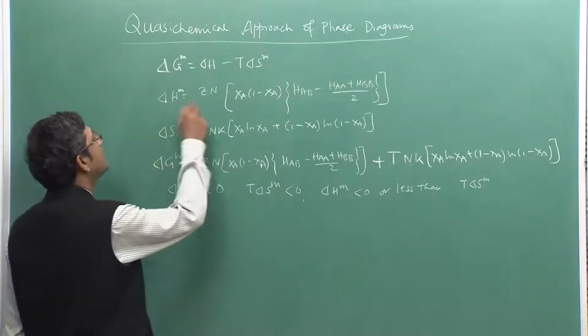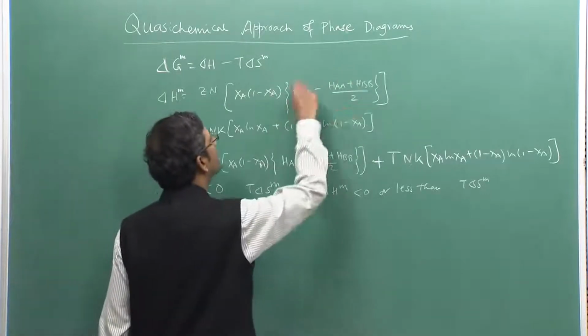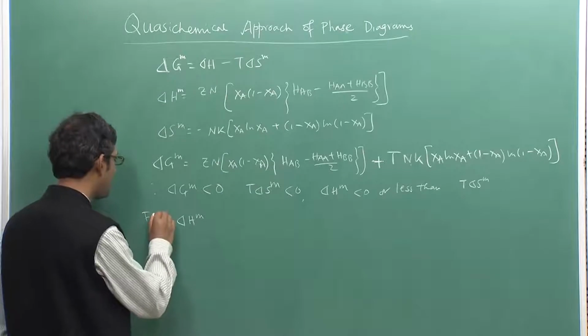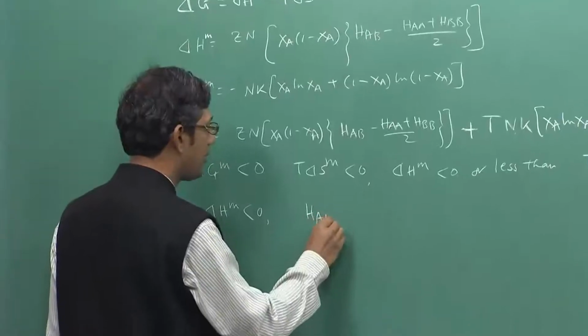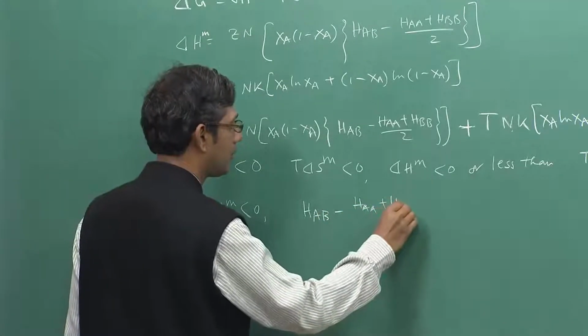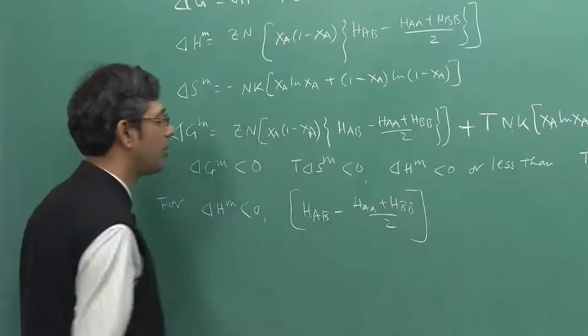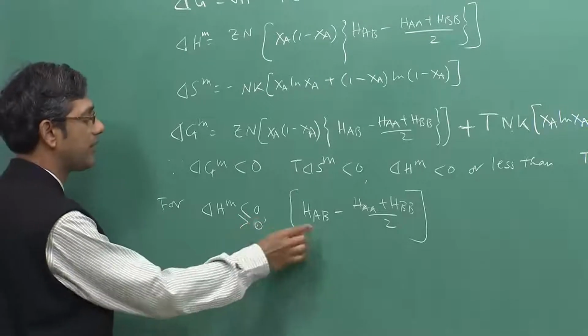Therefore, whether delta Hm will be negative or positive depends on the sign of the factor inside this bracket. This factor will control whether it is negative or positive.